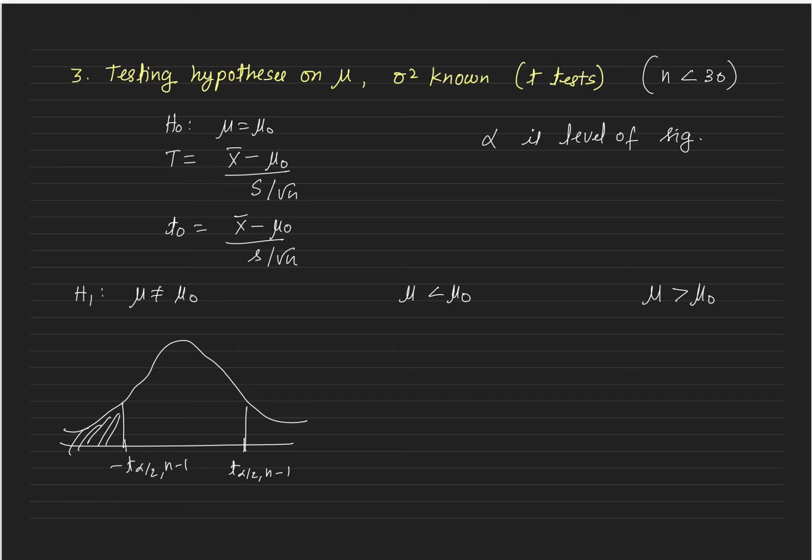This is the critical region, and this is the acceptance region. And we found this T value, T naught. If T naught is here, we reject the null hypothesis. If T naught is between these two numbers, we don't reject the null hypothesis.